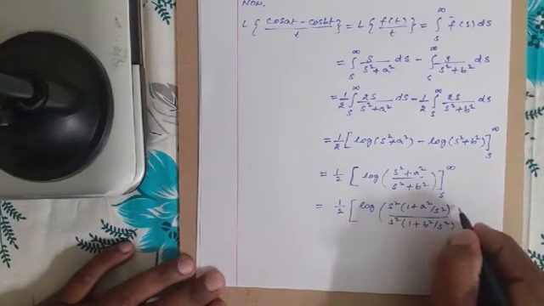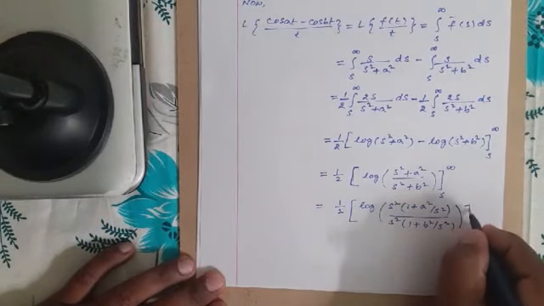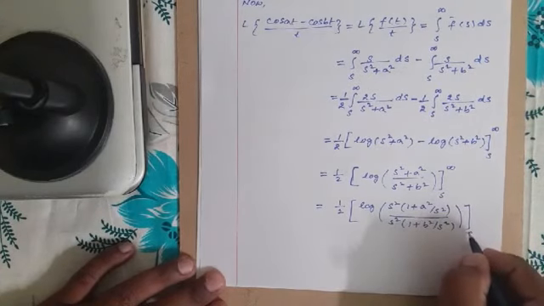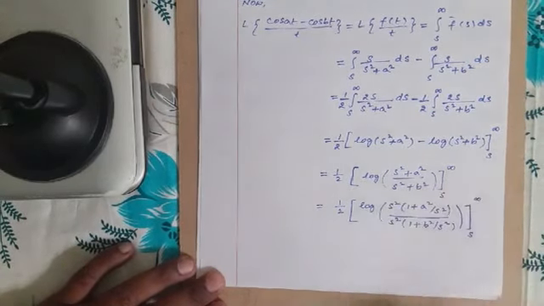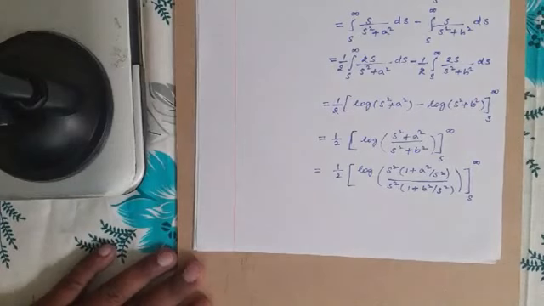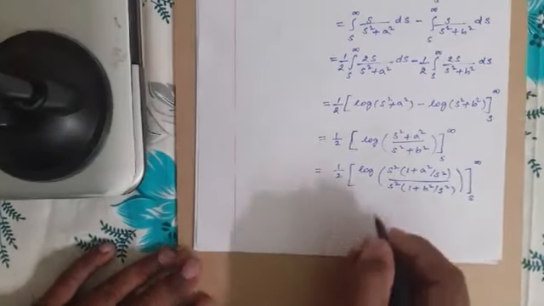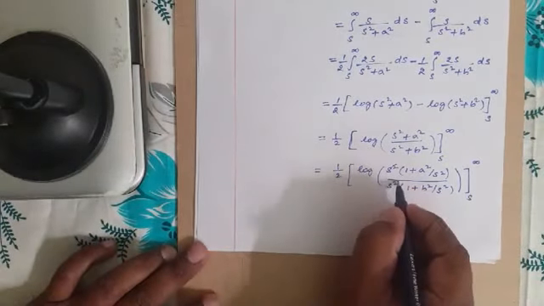Close the bracket, and put the limits s to infinity. Then you can cancel this s square.